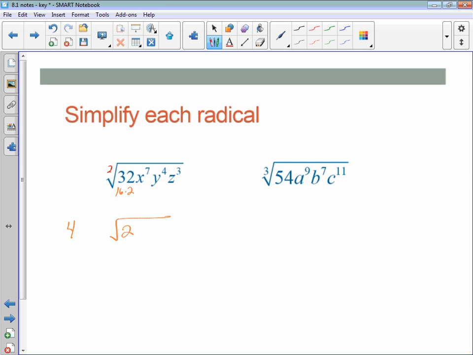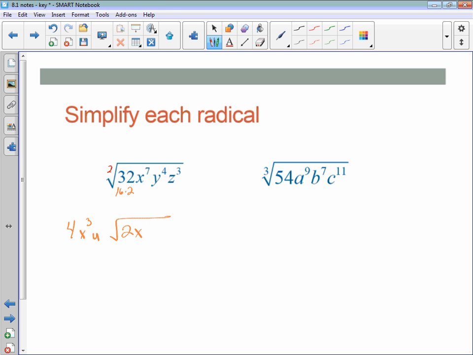All right, then here's the division, Felipe. How many times does 2 go into 7? 3, right? So that's x cubed out here, and then how many are left over? 1. The leftovers stay under there. So then y to the 4th, how many times does 2 go into 4? 2.